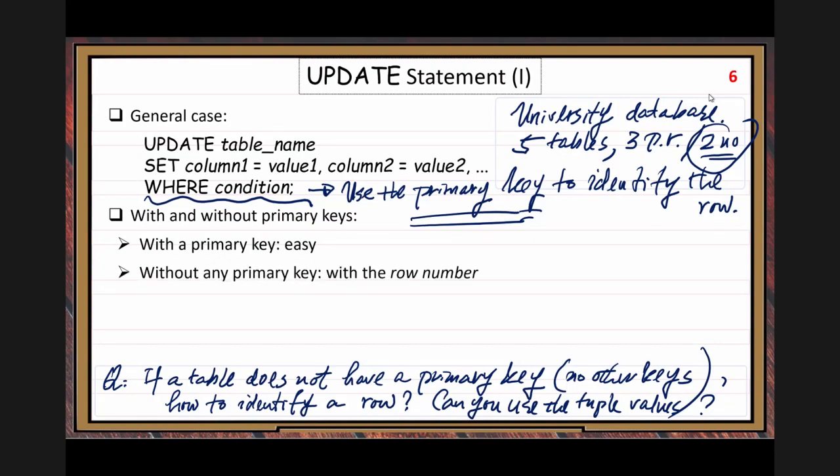Without any primary key. Some DBMS support a row number, but using the row number is actually not quite stable. Think about it: if the table changes, then your row number changes, right?